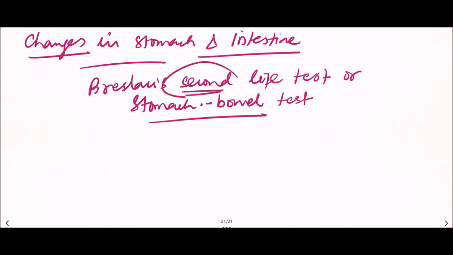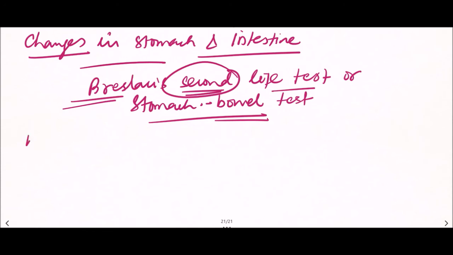This is known as second life test because the previously discussed hydrostatic test is known as Breslau's first life test. So this is second life test, otherwise known as stomach bowel test. This test is also not of much value because air may be swallowed while the child is attempting to free the air passages and make them free of obstruction.